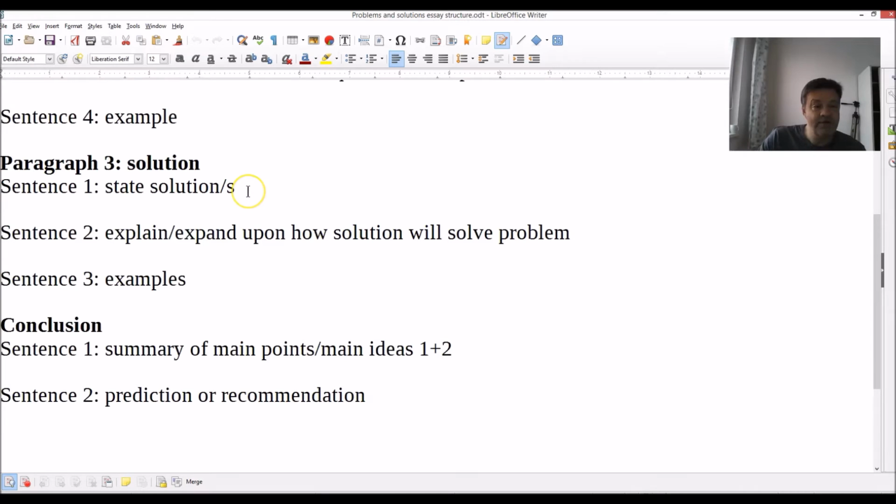The solution: a possible answer to this problem could be, this will solve the problem by doing this. For example, the number of people who had their problem solved by 80% were this. It's quite straightforward. Conclusion, a summary, prediction, a recommendation. So that's a general idea.